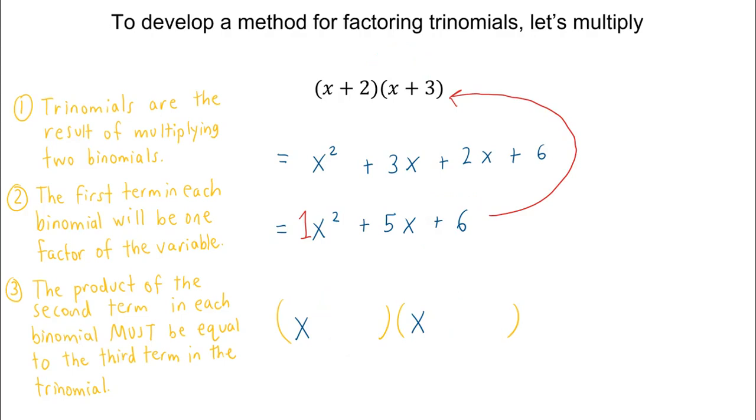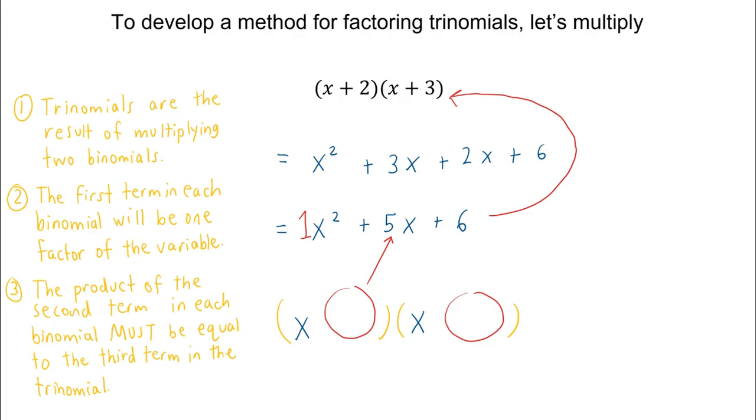But there's one last piece to this puzzle that we haven't talked about yet. And that's the fact that the two numbers I choose to put here and here in my factorization not only have to multiply to equal the third term in the trinomial, but they also must add to get the coefficient of the x term in the middle.